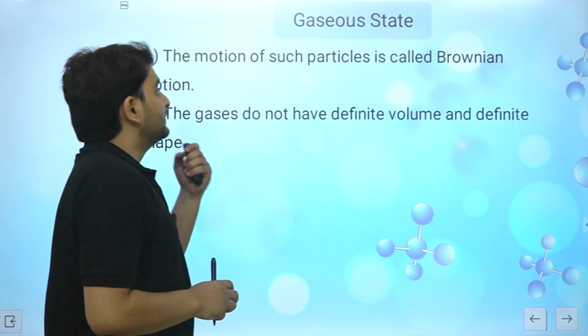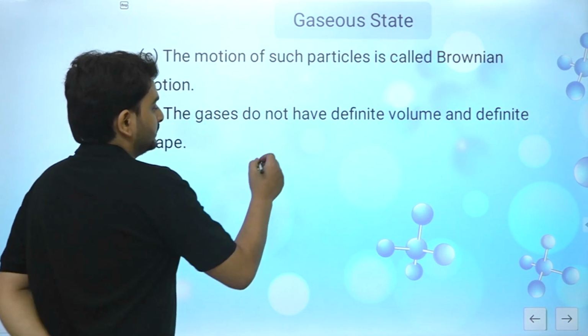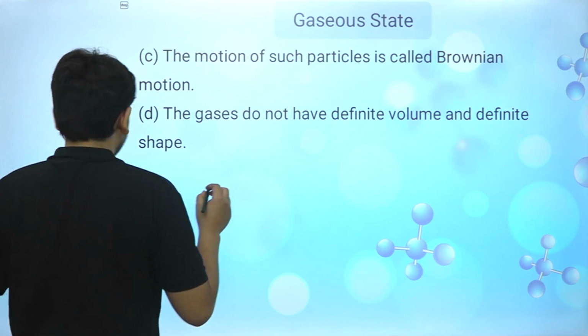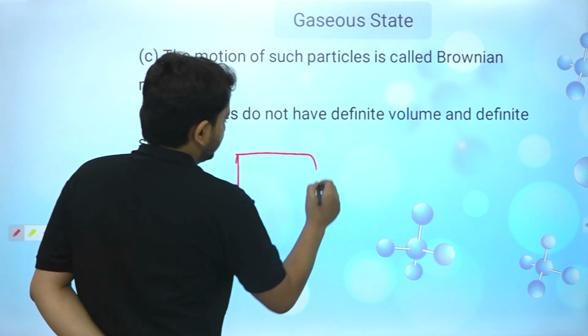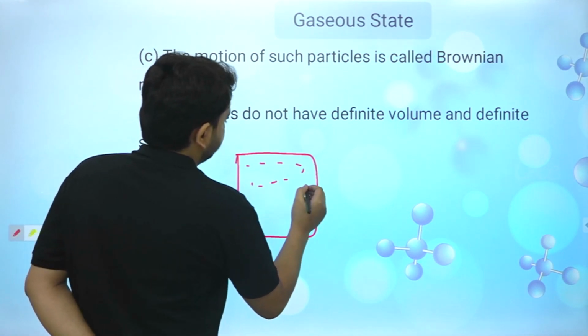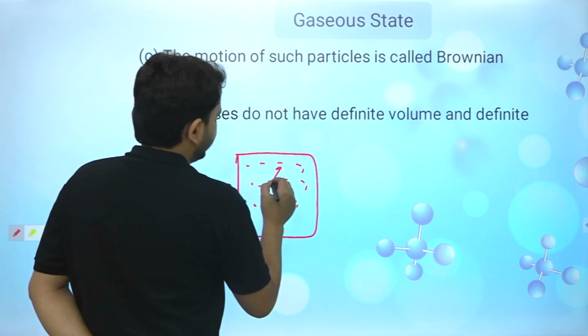Secondly, the motion of such particles is called Brownian motion. All right, if these gaseous particles are placed in a container, they'll be moving in all directions, right?